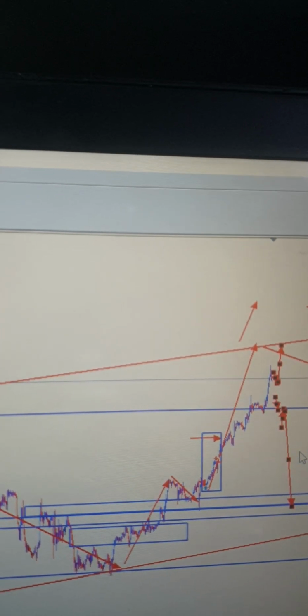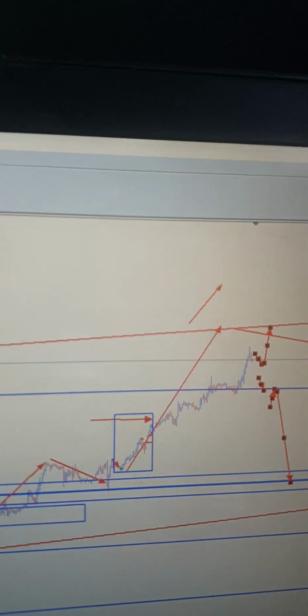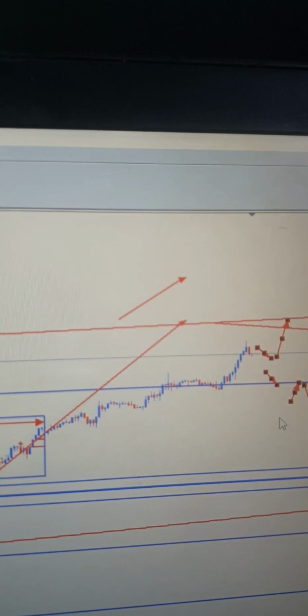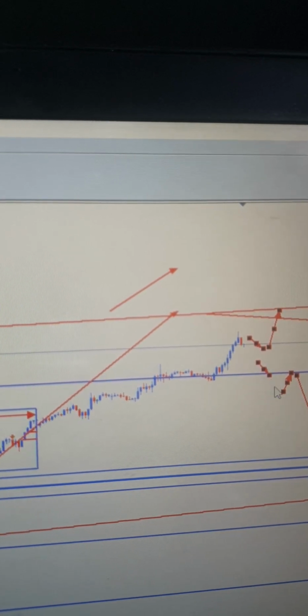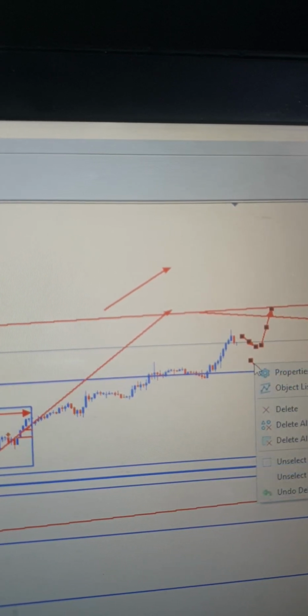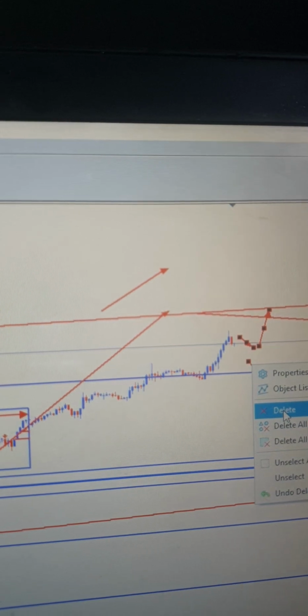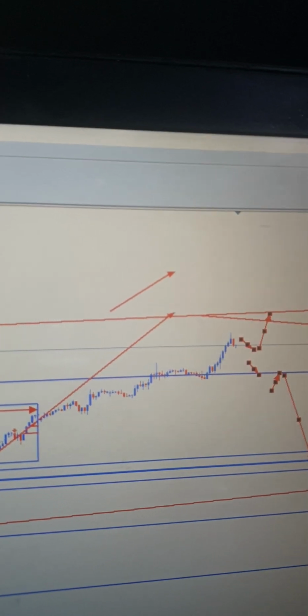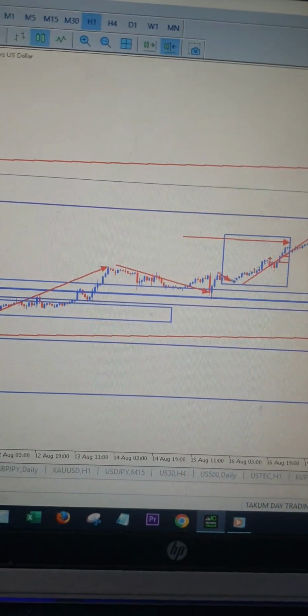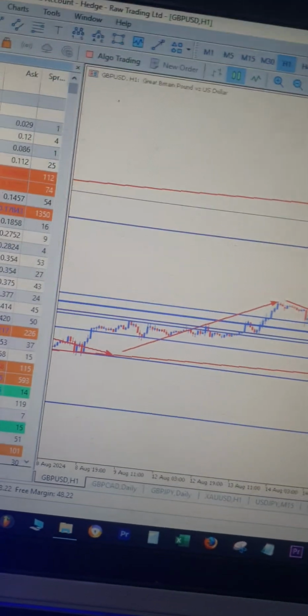I was just illustrating to you guys how the market is going to move. Let me just leave it like this. Maybe it's okay. So now this one is okay. I already did an analysis on this one in the other video. Let me go to the next currency.